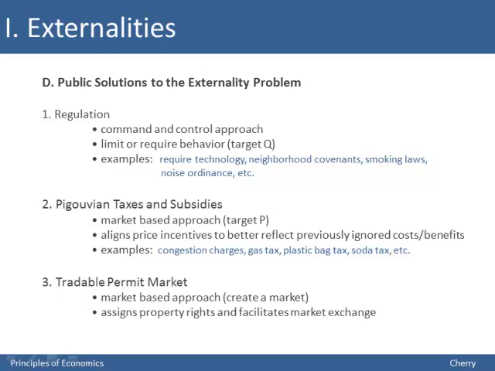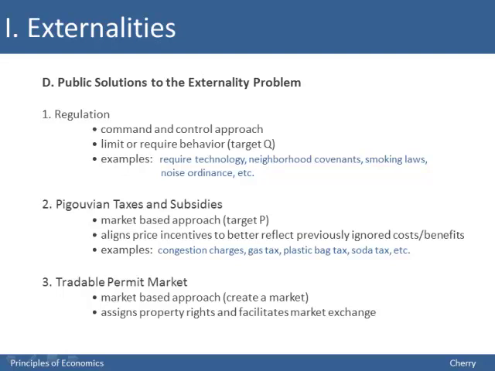So this is often referred to as a cap and trade system, where you can cap the permit, so you can restrict the amount of total emissions or total pollution levels by capping the number of permits, but then you can allow the market participants to trade those permits amongst themselves. So it's a cap and trade system. The political rhetoric sometimes refers to it as the cap and tax system.